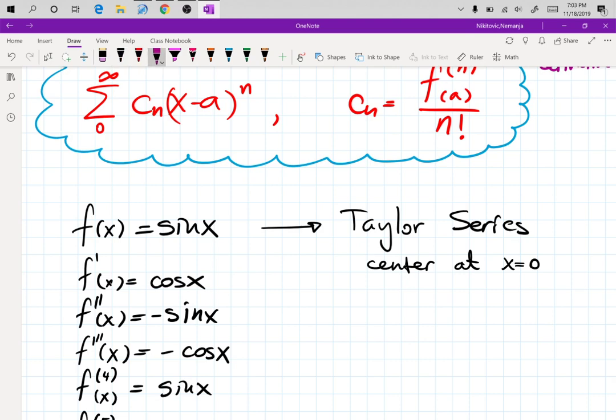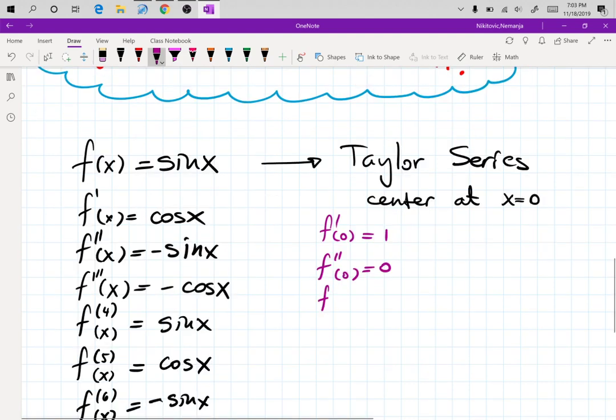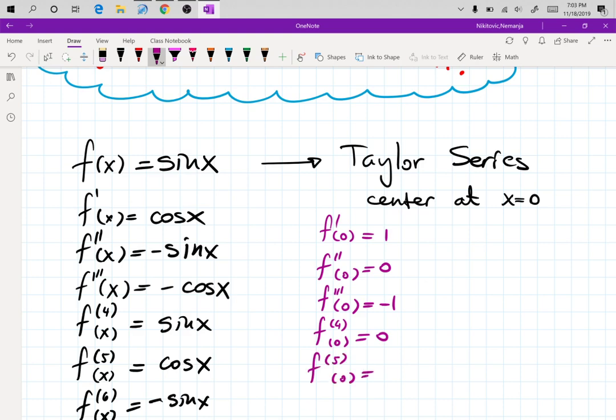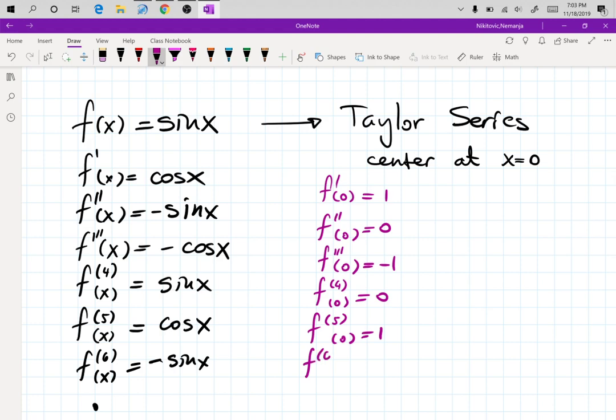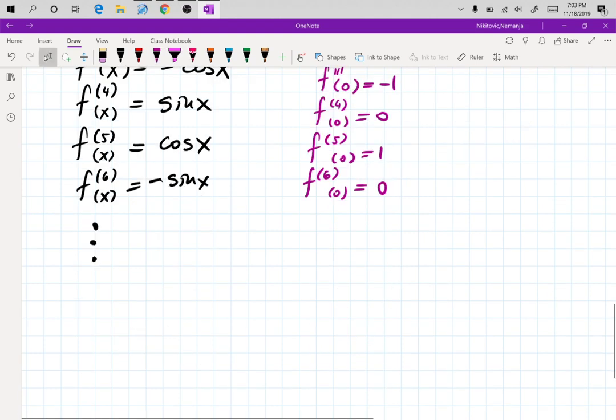I have f prime of 0 is 1, f double prime of 0 is 0, f triple prime of 0 is negative 1, the fourth derivative at 0 is 0, the fifth derivative at 0 is 1, the sixth derivative at 0 is 0, and it's going to go like that. 1, 0, negative 1, 0, 1, 0, negative 1, 0, and so on. Forever.